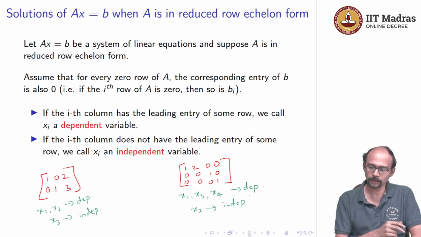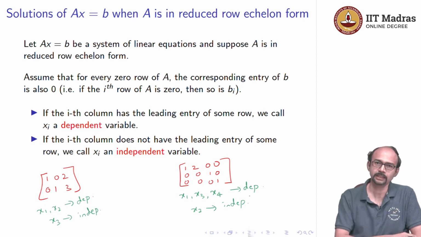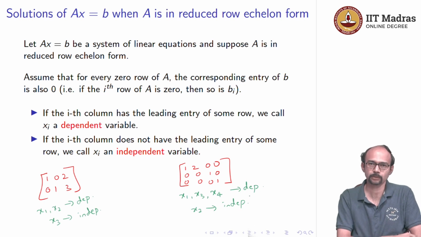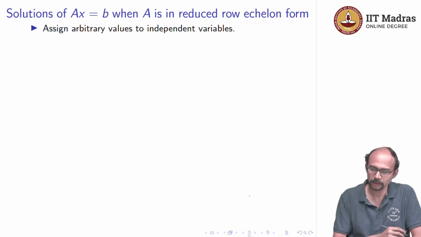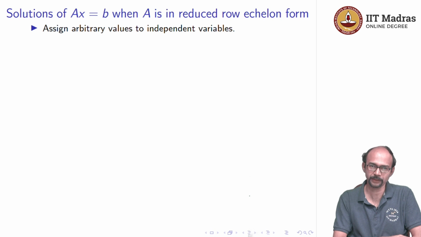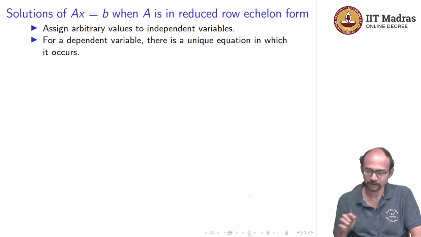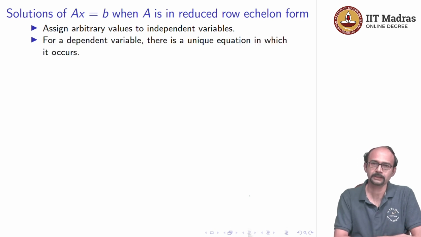If you remember how we solved this, in the first one we took x3 to be some arbitrary c, and then from there we got x1 and x2. And similarly, in the second example we fixed x2 to be some arbitrary c, and then x1, x3 and x4 were determined. Okay, so that is what we are going to do: assign arbitrary values to the independent variables. And then for a dependent variable, what happens?